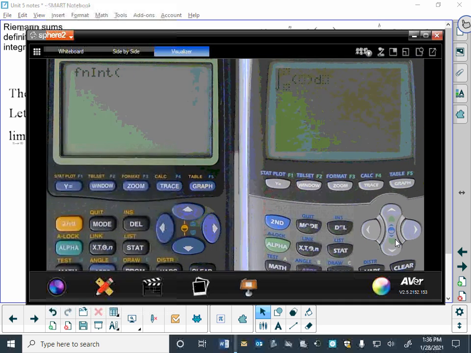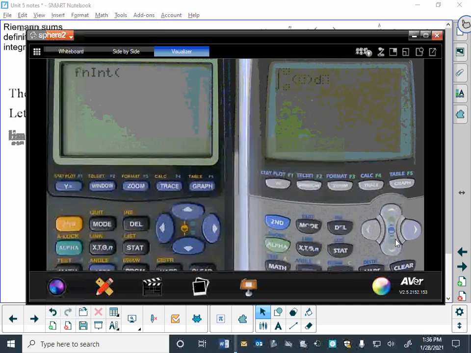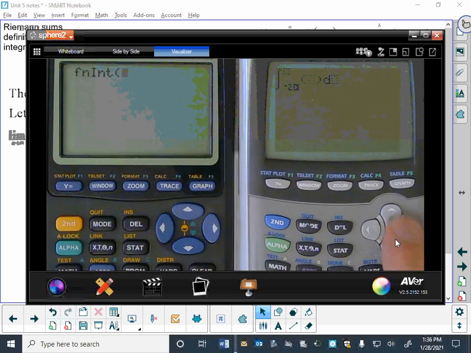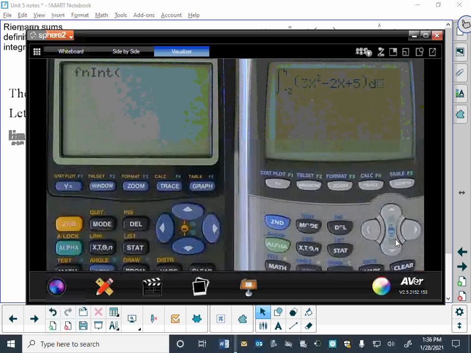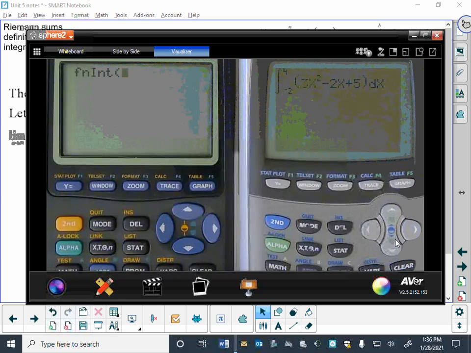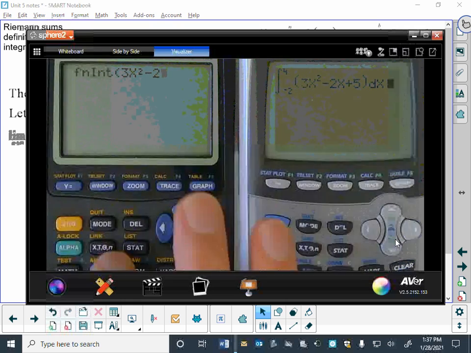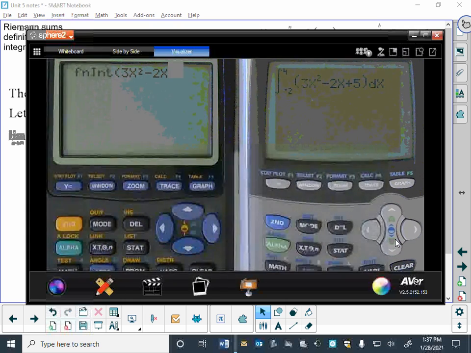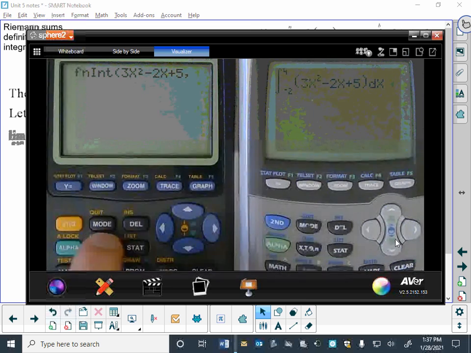We get a very different look on the 83 than we do on the 84. The 84, it's pretty obvious what we should be doing. The -2 goes there, the 4 goes there, the 3x squared minus 2x plus 5 goes there, and that's supposed to be with a dx. Okay. On this side, we have to put the function in first, so we'll put in the 3x squared minus 2x plus 5, and then we need a comma, which is right above the 7, and we're going to tell it the variable is x.